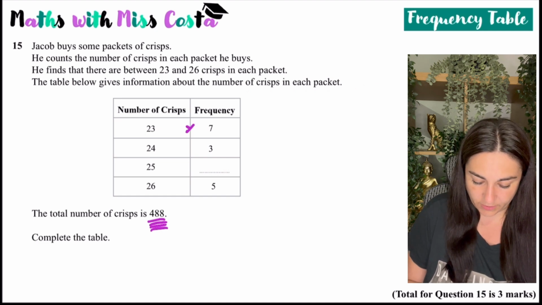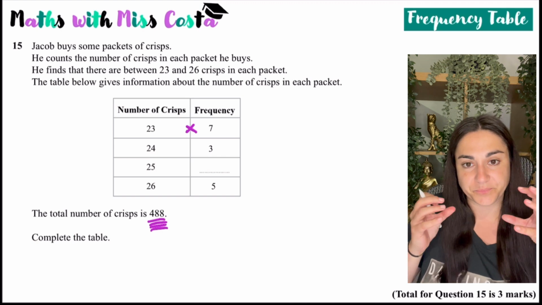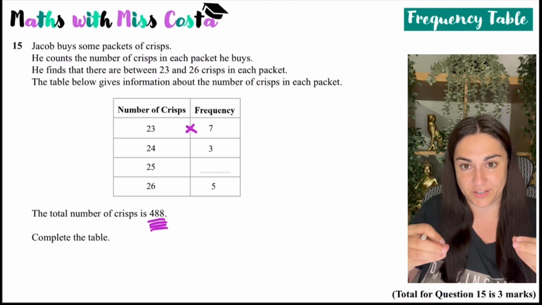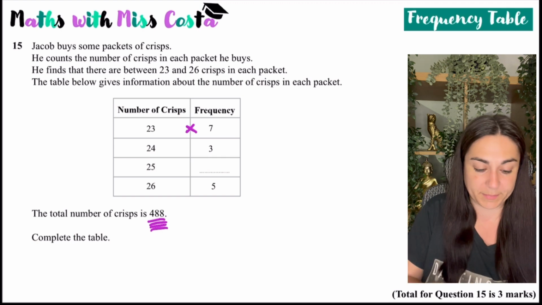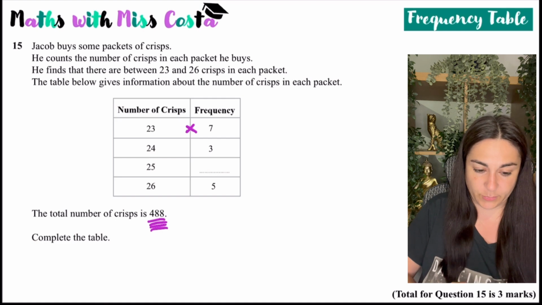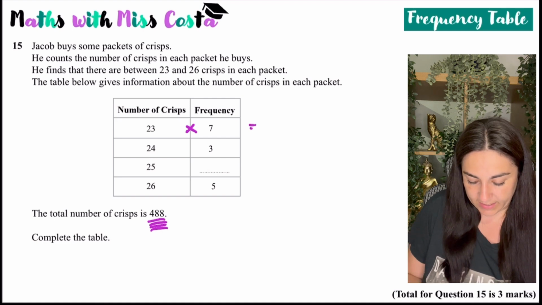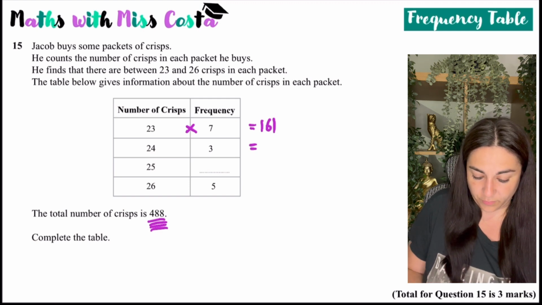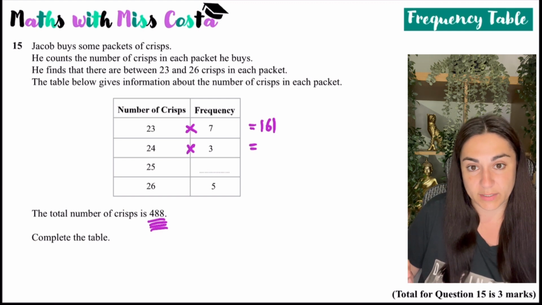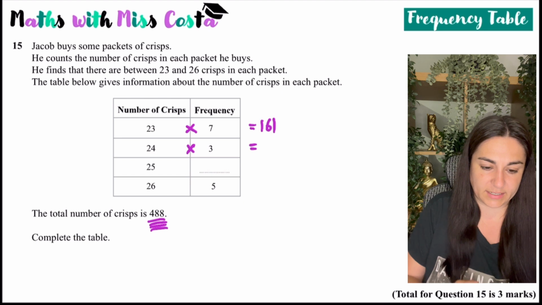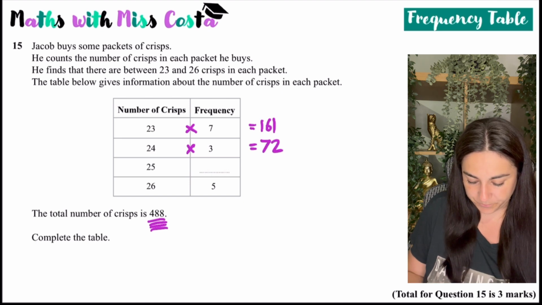And complete the table. So what do I know from this table? Well, I know that 7 packets have 23 crisps in them each. So to work out how many total crisps there are, I could do 7 times 23, which is 161 crisps in total. Then I know that 3 packets have 24 crisps in them each, so I could do 3 times 24, which is 72.